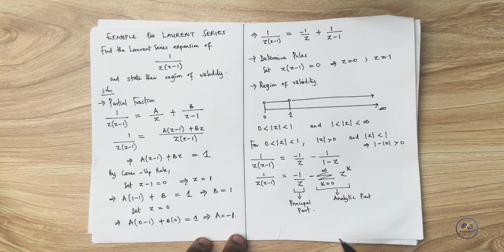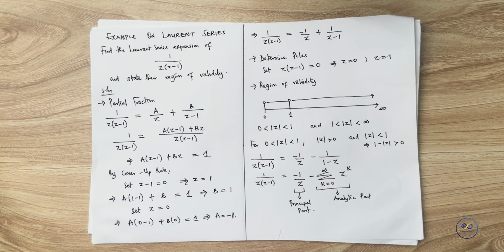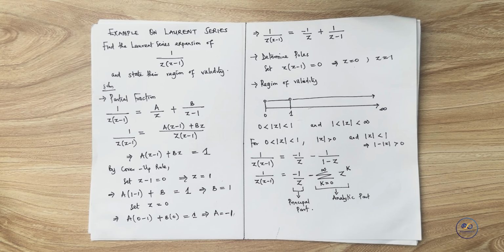So this is the only member of the principal part, where these are the members of the analytic part. So you would see that the Laurent series will change based off the region of validity you use. So this is for the first region.